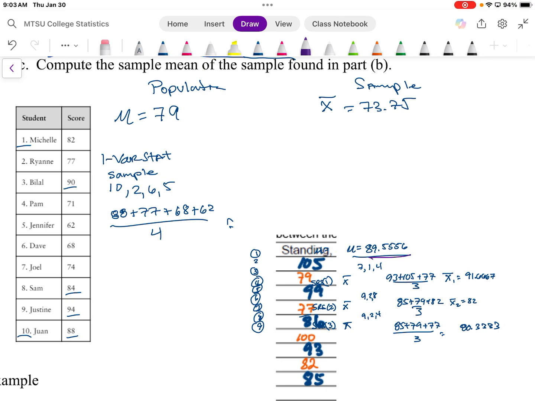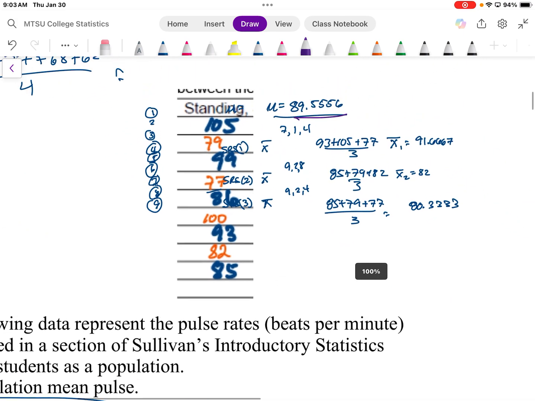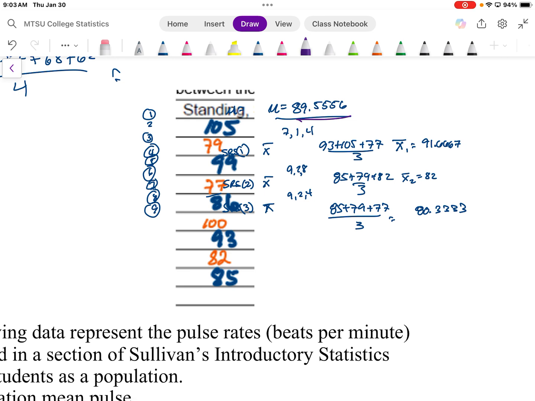Okay. Is it possible? I'm just looking at the numbers to see if it's possible. 89, I don't know. It may be tough. It would be a lot of playing around with it, because with 9 data points we jump from 77 up.